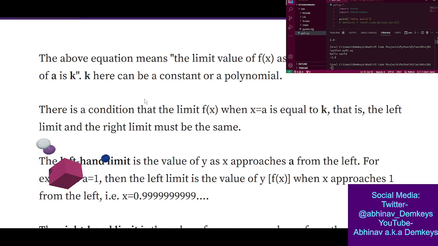There's a condition that the limit of f of x when x equals a is equal to k. Oh, that's a condition.